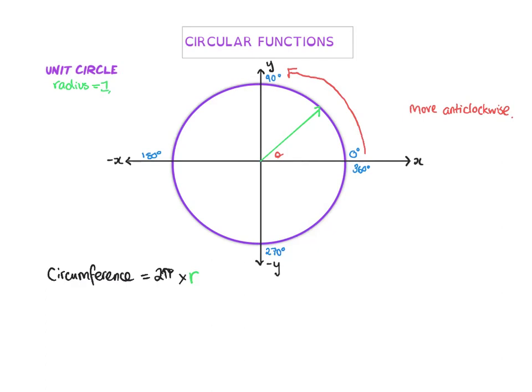But if we think about the unit circle, we know that the radius is 1, so we can really say 2 times 1, so we could say that the circumference of this unit circle is 2 pi. So if we went all the way around, we get 2 pi. So here we can say that it's either 360 degrees, or we could say that it is 2 pi. So when we say 2 pi, we're actually measuring in radians.